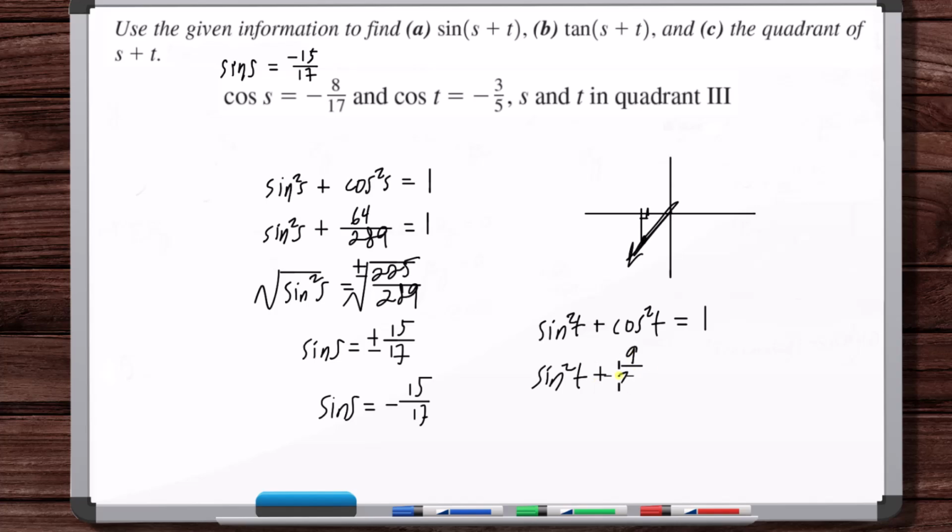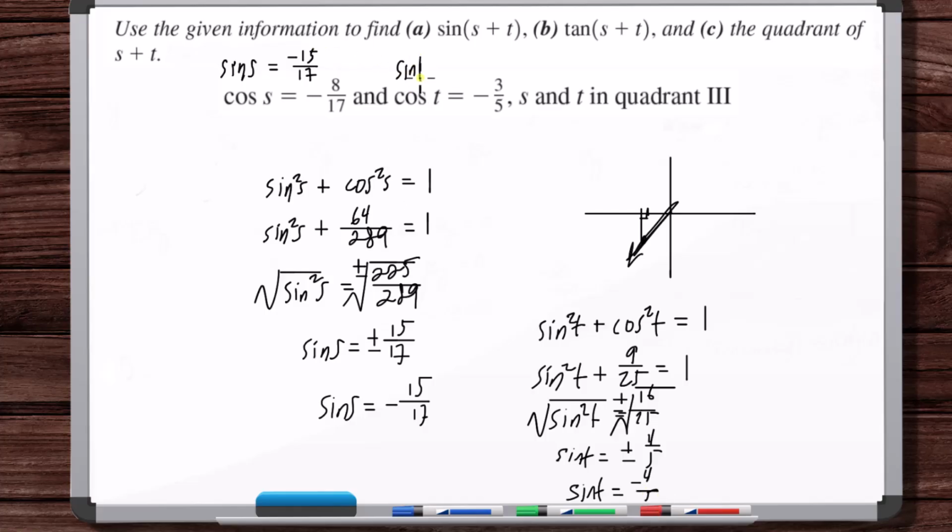All right, 9 over 25. That's minus 3/5 squared. So 25 minus 9, that's 16. So, okay. Sine is negative in quadrant 3.